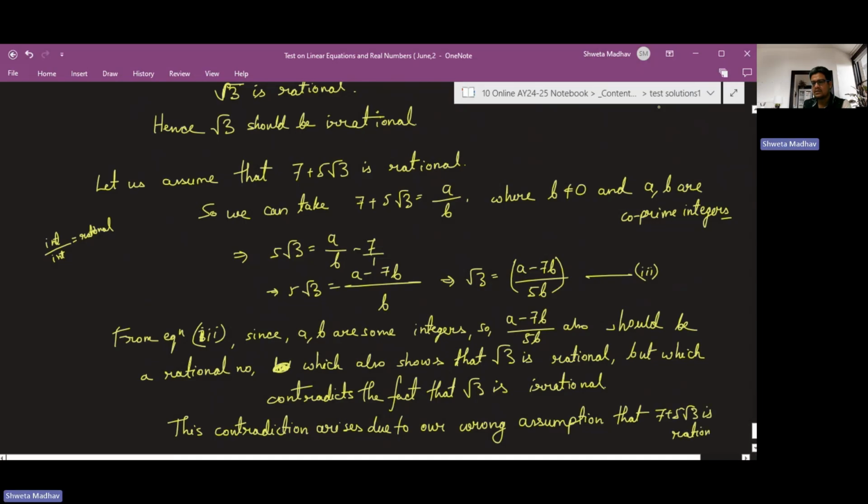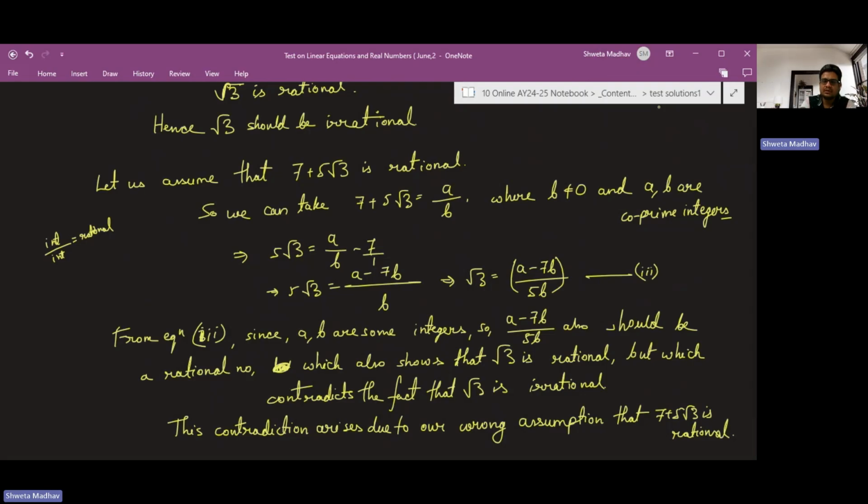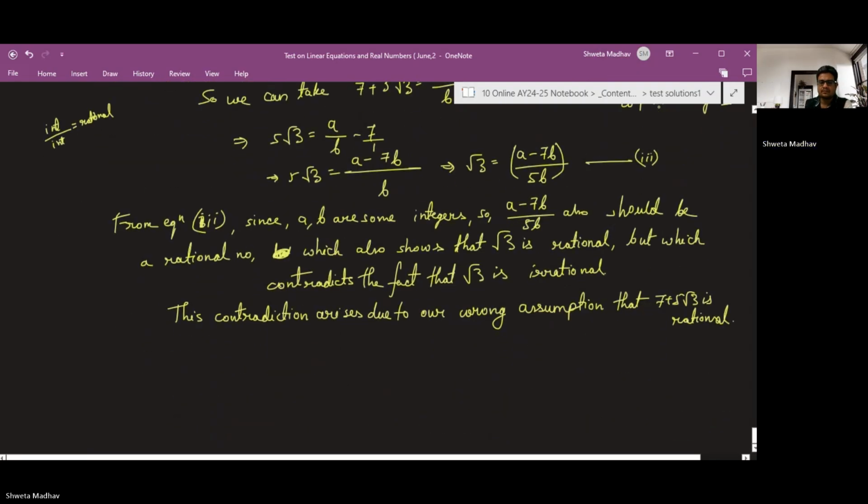So hence we can say that 7 plus 5 root 3 is irrational. So hence B.